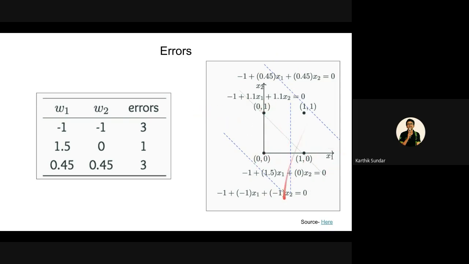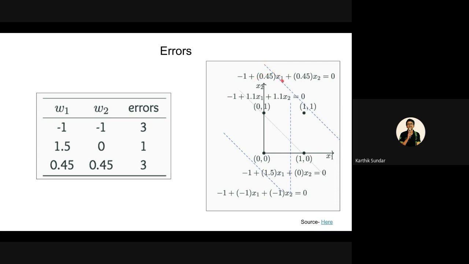It generates everything as 1, but actually only three of these points are 1 and this is supposed to be 0. Just give me a moment. I think it's the wrong diagram. Sorry, really sorry. Let's start with this line.